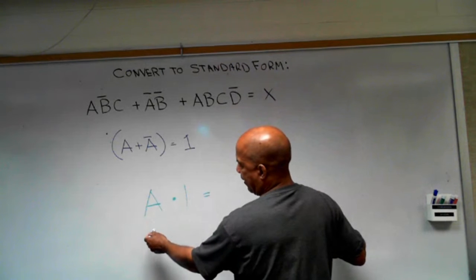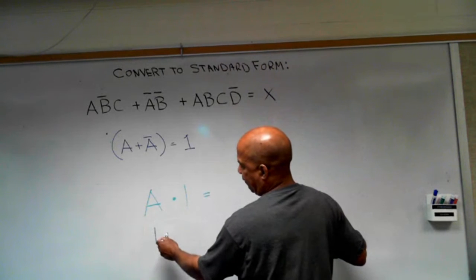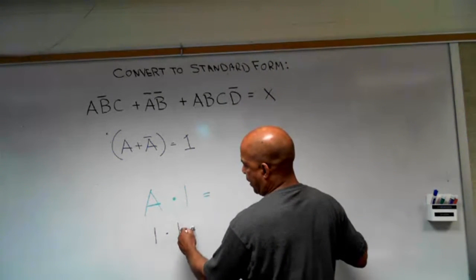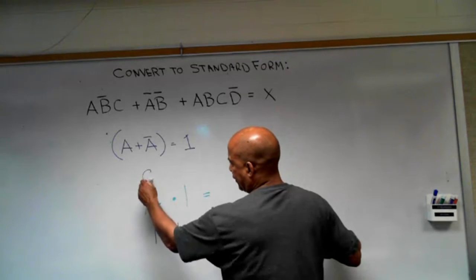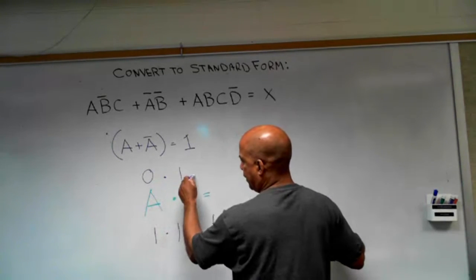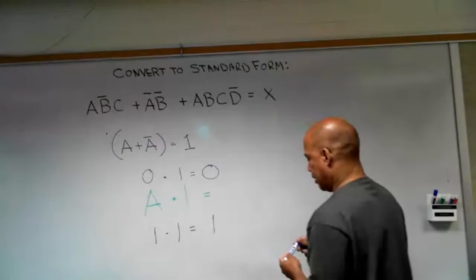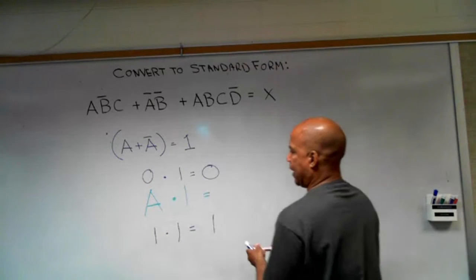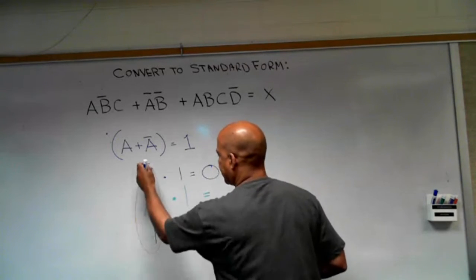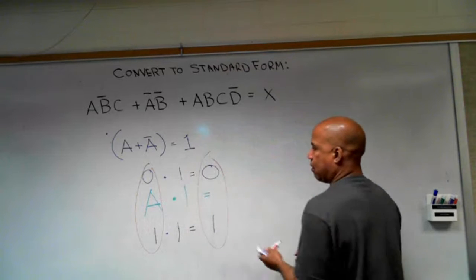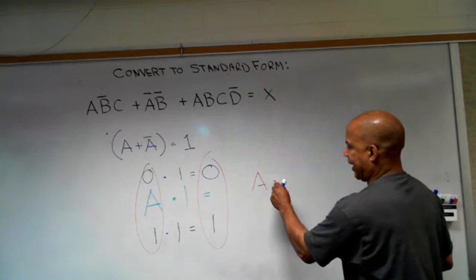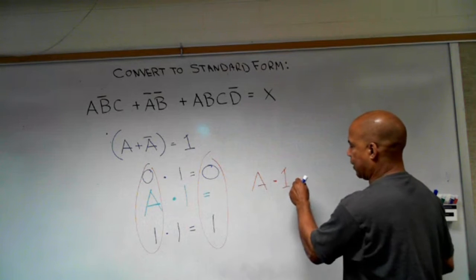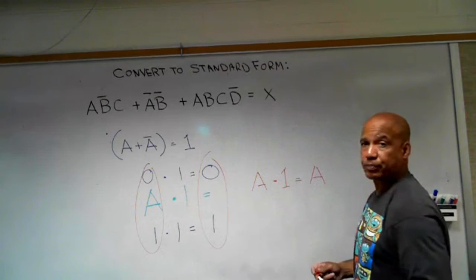If A is a 1 and I AND that with 1, I get a 1 over here. If A is a 0 and I AND that with 1, I get a 0 over here. So whatever the value of A is, in either case, that's what I get for my output. So basically, if I have A and I AND it with 1, what I'm going to get is whatever A is.